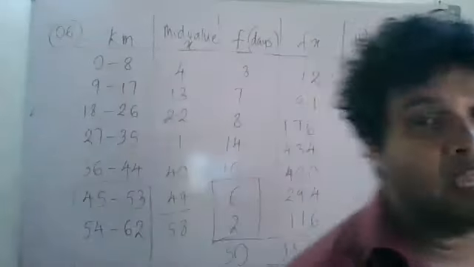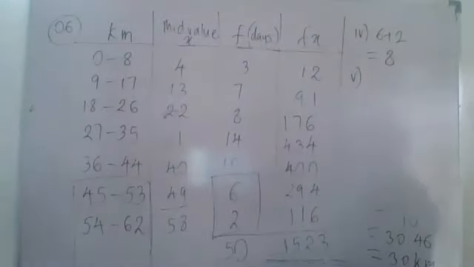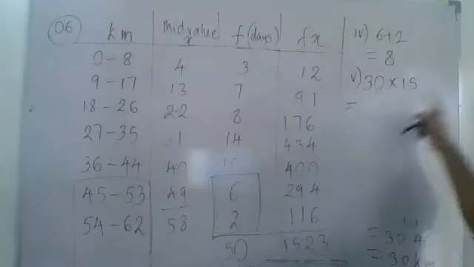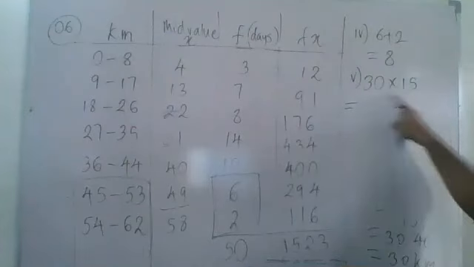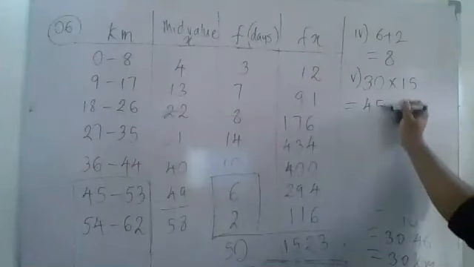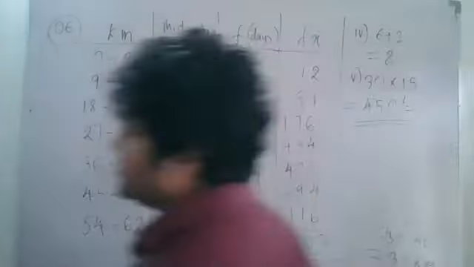For a day, what's the total distance traveled in a day? 30 kilometers, which we got earlier. Per day it is 30 kilometers, and the cost is 15 rupees for 1 kilometer. Therefore, we multiply by 15 rupees to get the cost per day. 15 times 3 is 45, and with 0 it is 450 rupees. This is the answer.